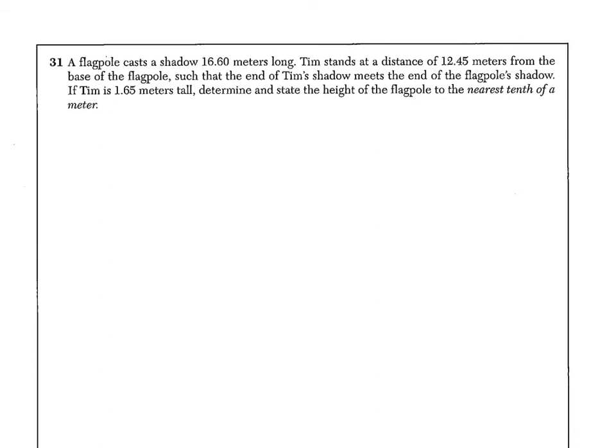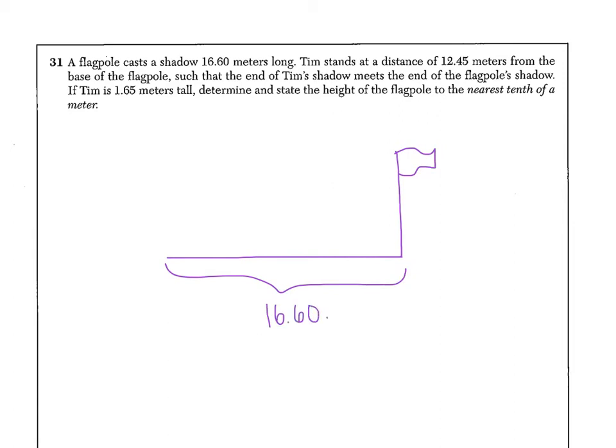Number 31 says a flagpole casts a shadow of 16.6 meters long. Before I read any further, I'm going to start sketching. A flagpole casts a shadow that is 16.60 meters long. Tim stands at a distance of 12.45 meters from the base of the flagpole.